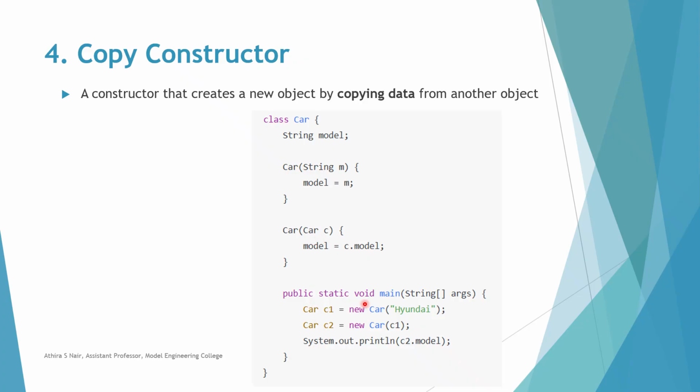In the main function, we are creating an object Car c1 is equal to new Car Hyundai, and Car c2 is equal to new Car c1. Here we are not assigning the value, but we are copying data from another object. So here also Hyundai will be there. We are then printing c2.model, and the output will be Hyundai.